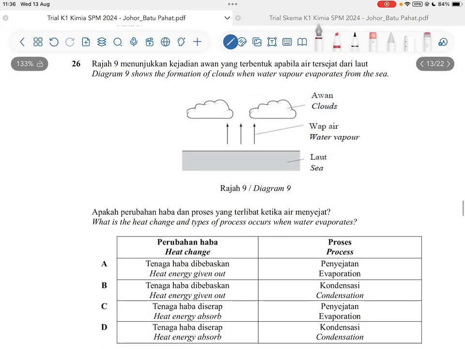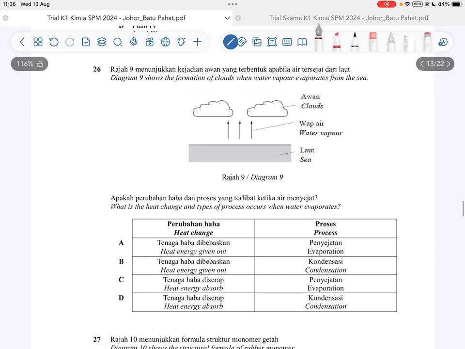Yeah. So question 26, this is a diagram showing the formation of clouds when the water vapor evaporates from the sea. Evaporation needs to absorb heat energy so that the liquid will go to the gas form.